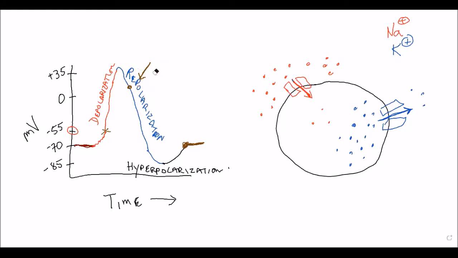Questions about that? So it basically has to go through this entire process before you get another action potential. Correct. Now, when you say the entire process, yes, we're talking about a split second. But yes, you're absolutely right.